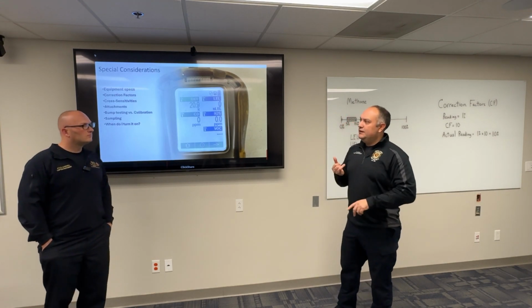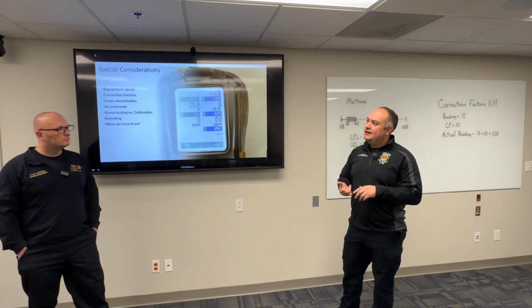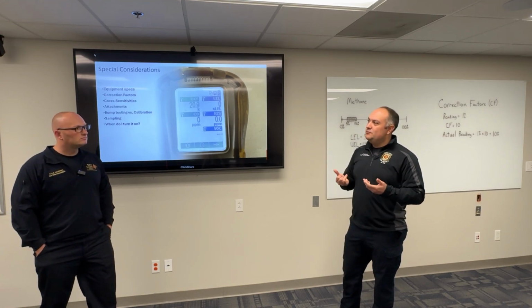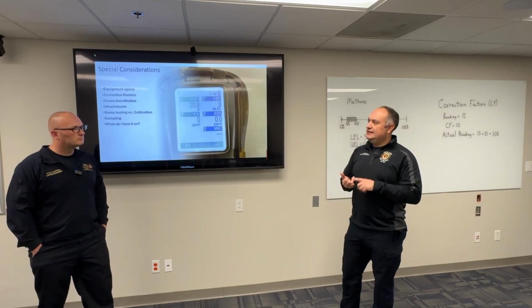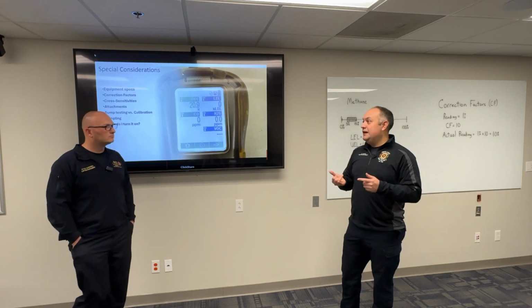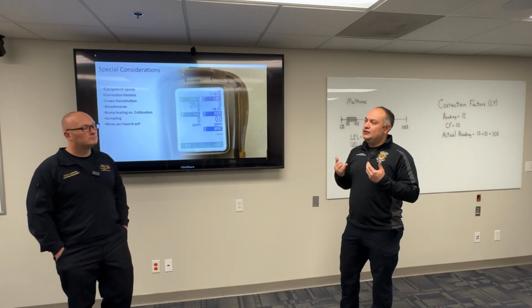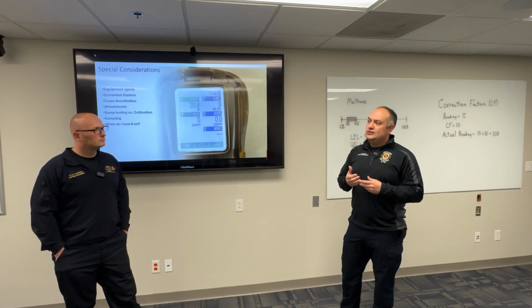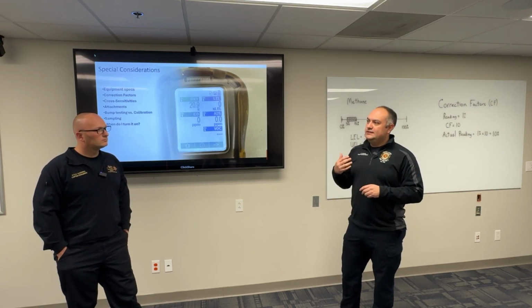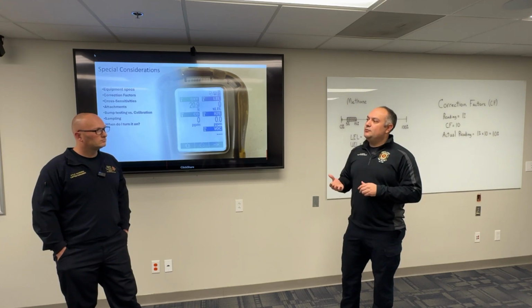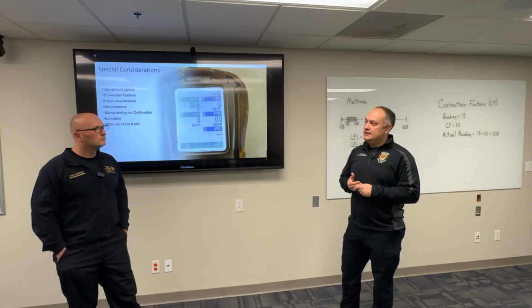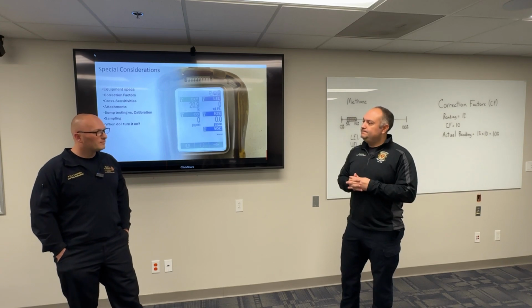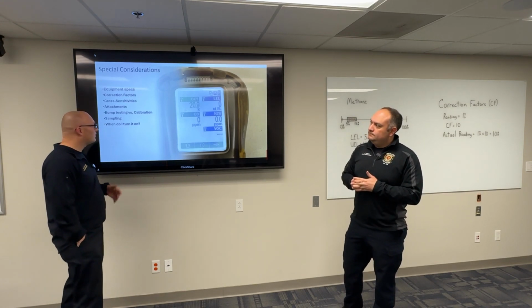Calibration typically depends on the manufacturer again, but I believe with Ray it's once a month. But bump testing, like I said, if you're going by the book, says before each use. Now, I know that's tough sometimes, especially on a fire truck, and it's not always practical. But as long as we're doing the calibration on a regular basis, we'll be in good shape. Just all other stuff to think about.